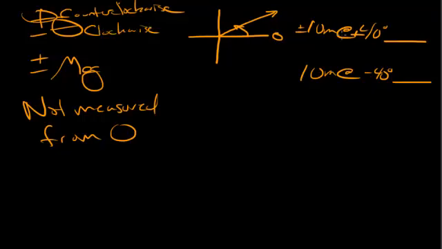Since you see nothing after, you still start at zero. Since you see the negative, we know to go clockwise now. And since you don't see anything on the magnitude, we know this angle is the positive direction, and so it's going to stay right there. So that's the difference between positive and negative angle: just which direction you go from the center.